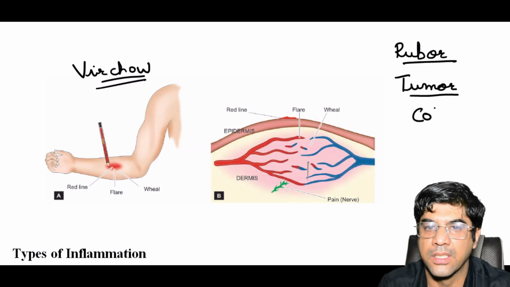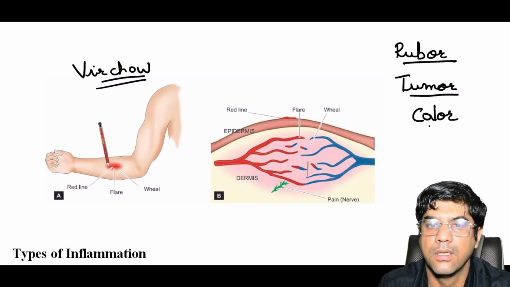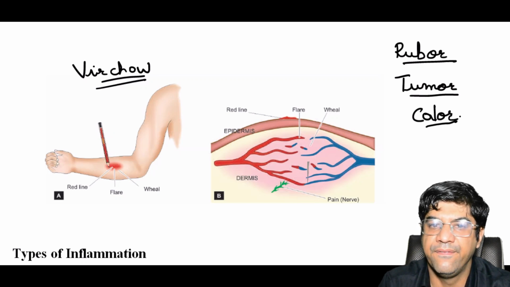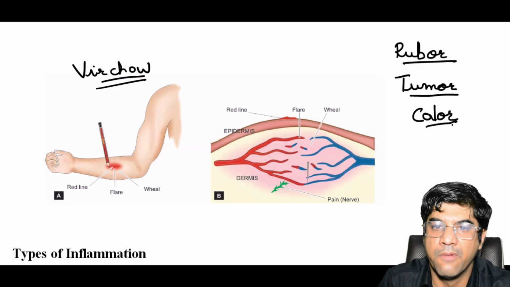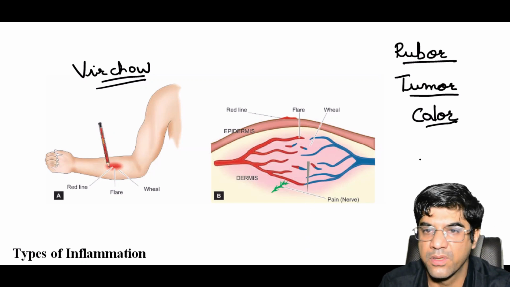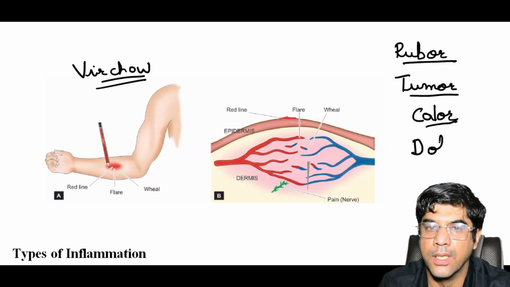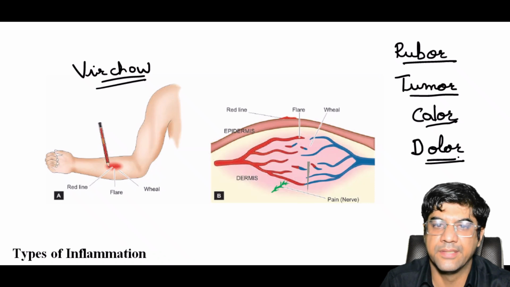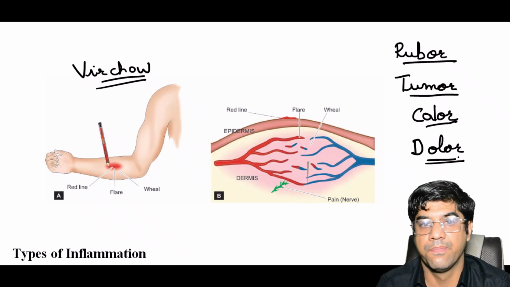The third sign is calor. The area feels warm because of the increased blood flow. The fourth sign is dolor, that is pain due to release of chemicals that stimulate the nerve endings.